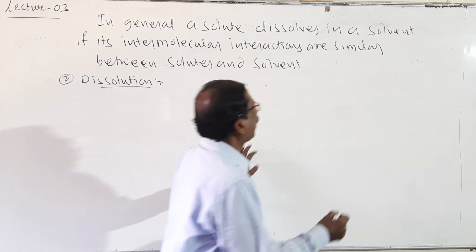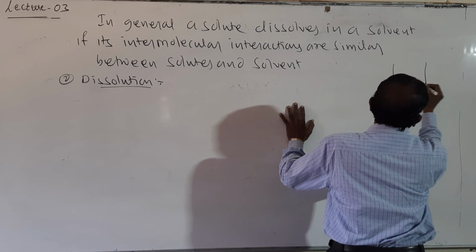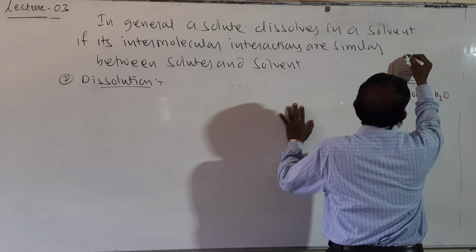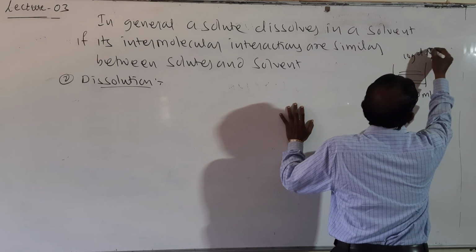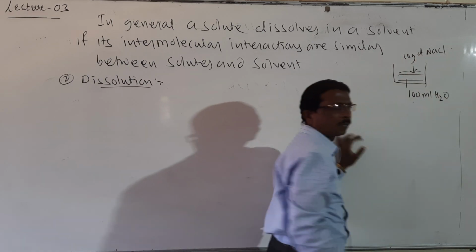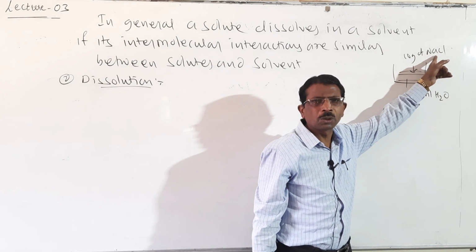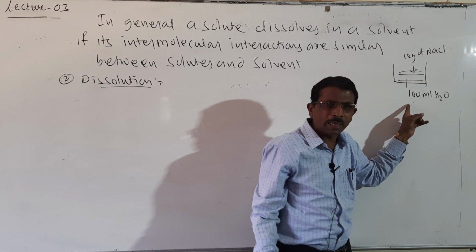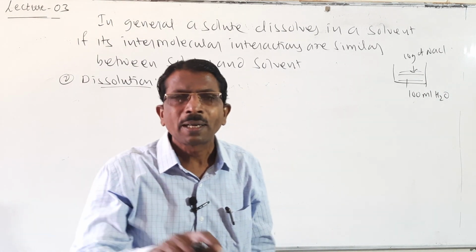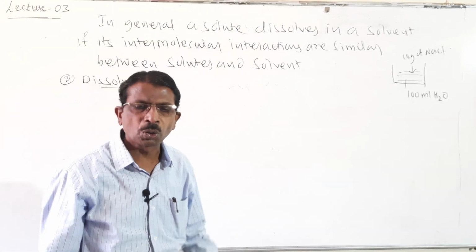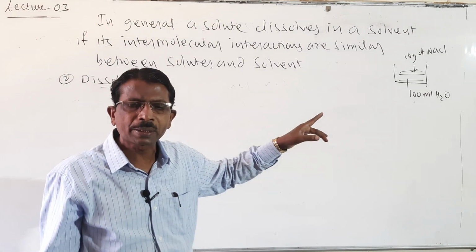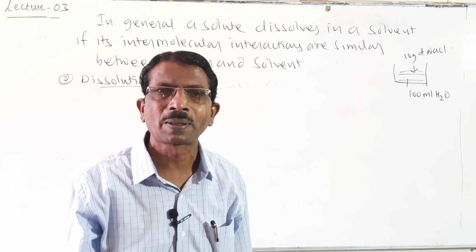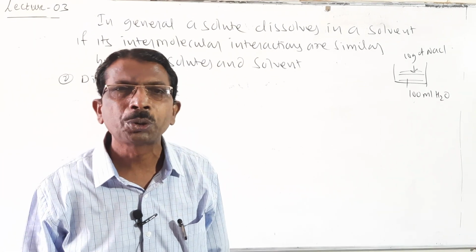Look here students, when a solid solute, 10 gram of NaCl, is added to 100 ml of water, here the solvent is water and the solute is NaCl. When a solid solute is added to a solvent, the solute dissolves in it and the concentration of solution increases. It is called dissolution.